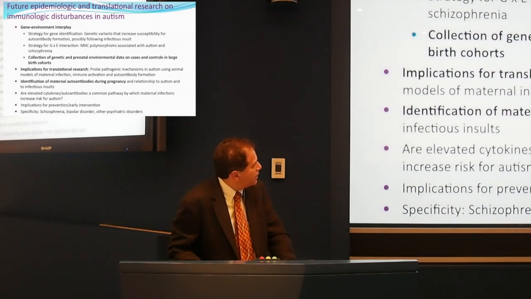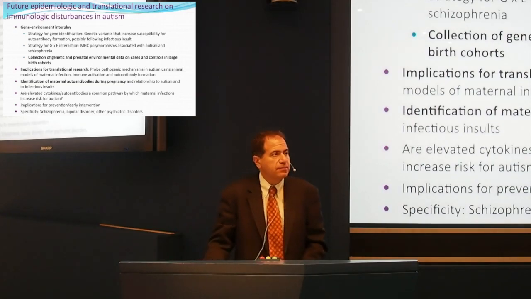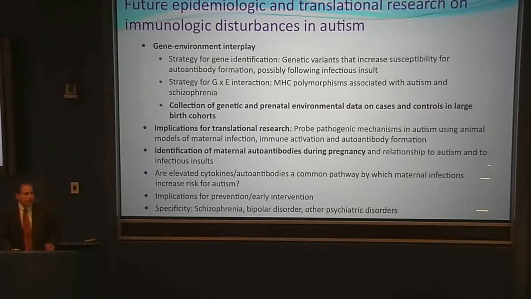And another important question is whether these elevations in cytokines, CRP, and autoantibodies might represent a common pathway by which maternal infections increase risk for autism. With the data that we're collecting on infection, on these antibodies, and on cytokines, we hope to be able to address that question.